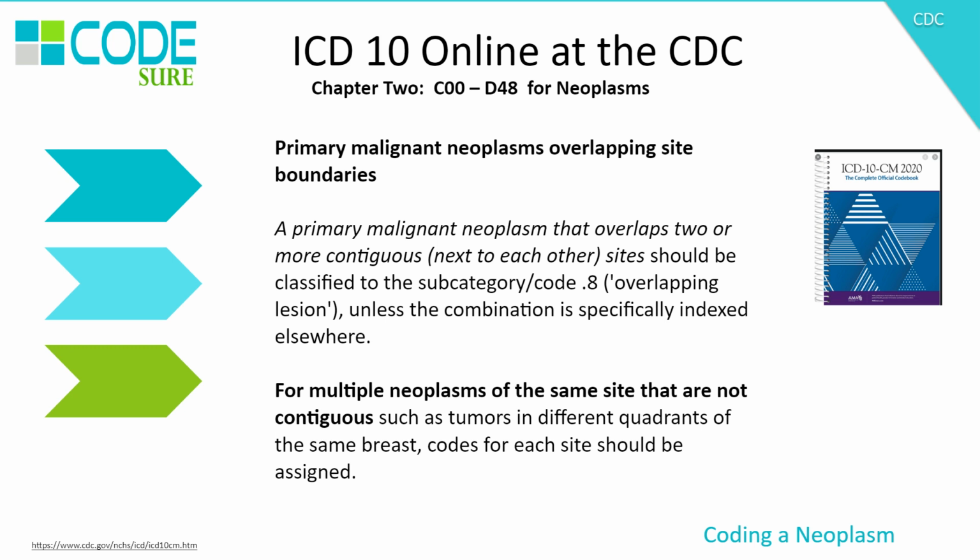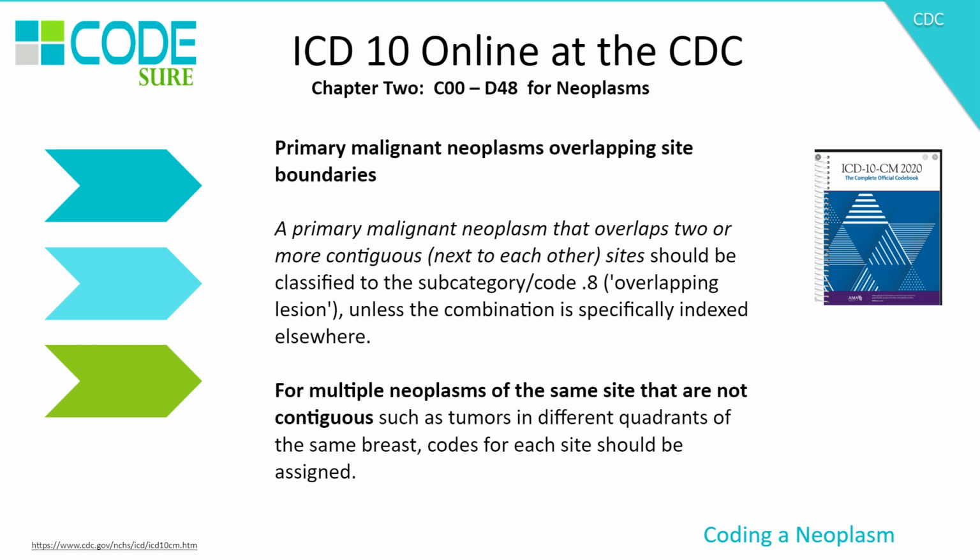A primary malignant neoplasm that overlaps 2 or more contiguous sites, those are sites that are next to each other, should be classified in the subcategory code .8. This represents an overlapping lesion, unless the combination is specifically indexed elsewhere.